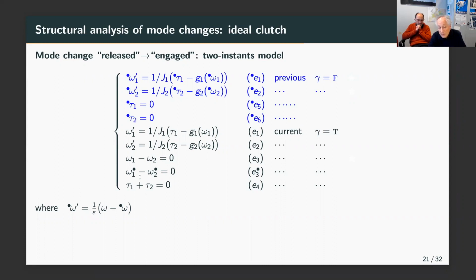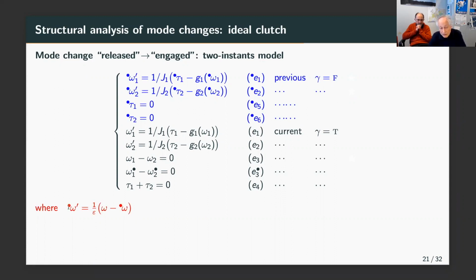And here we have the dynamics on the engaged mode in which we have the constraint on velocity, the shifted version of it, to make it structurally regular, and then the constraint on the torques. Okay. So what happens with this model?